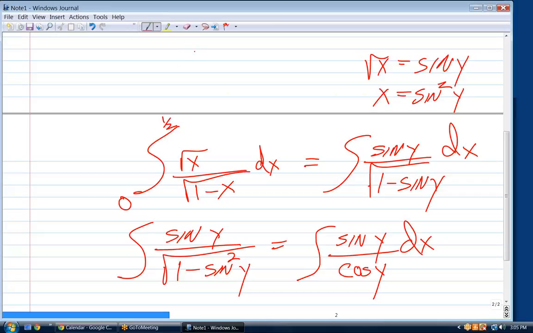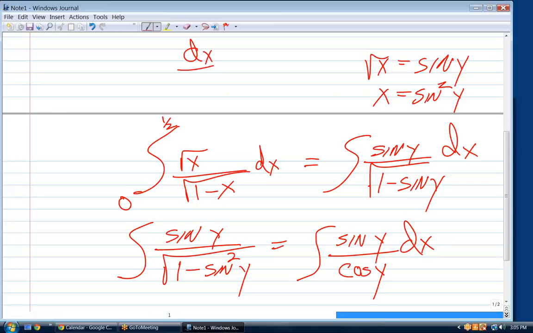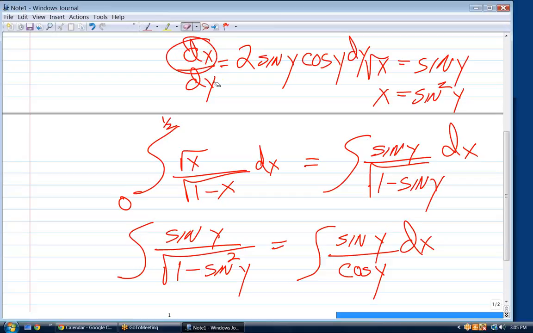Dx dy is going to equal 2 sine y cosine y, which means dx is equal to all of that times dy.